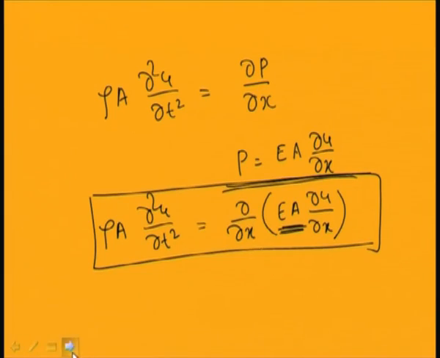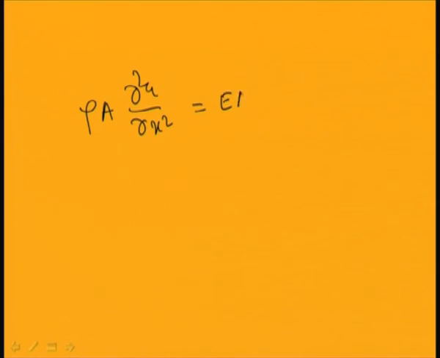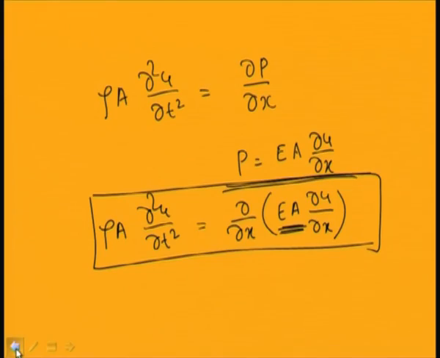Rho A del square u by del t square equals E A del square u by del x square.